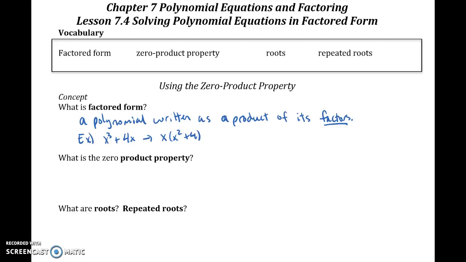So when you distribute that, we get the same thing as x to the third plus 4x, and this is just what we call factored form. So we're breaking it back down to what we multiplied to get that product.